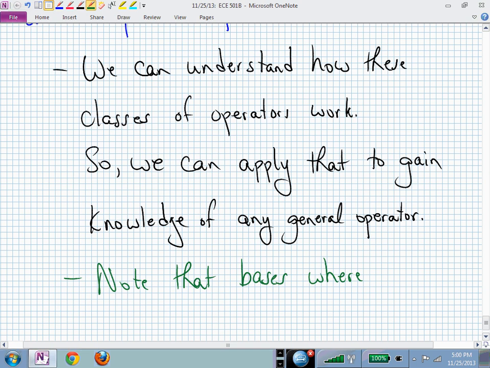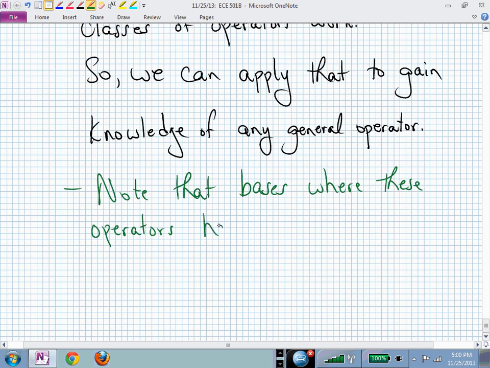Note that the bases where these operators have nice representations may not be the same.